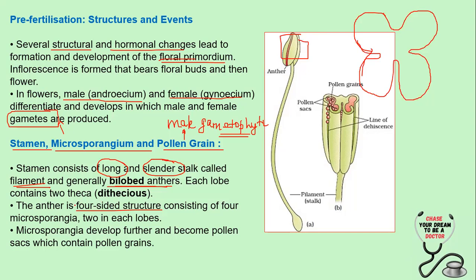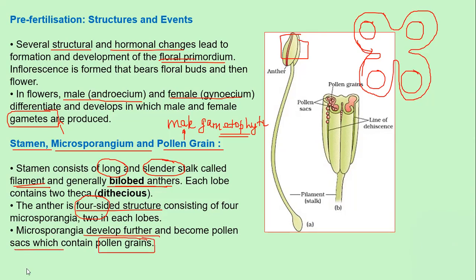So it is a four-sided structure consisting of four microsporangia. Look, four lobules are there. Microsporangia develop further and become the pollen sac, which contains the pollen grains. So inside each of these, it must be filled with millions and millions of pollen grains.